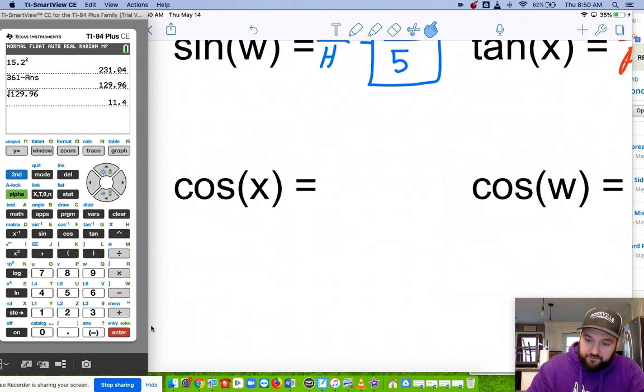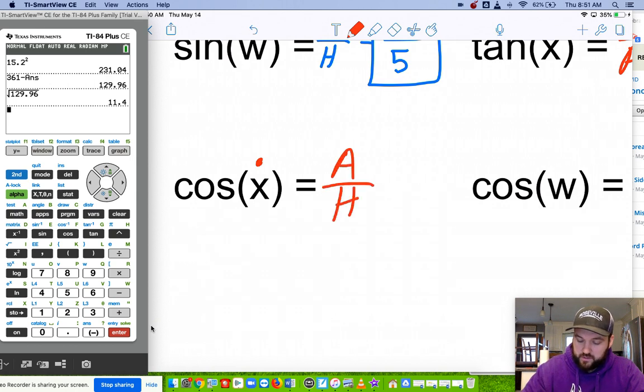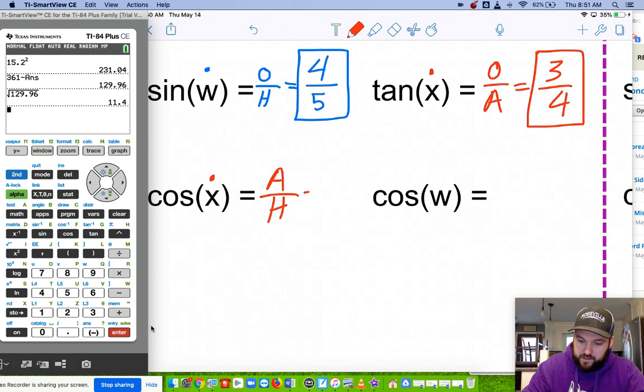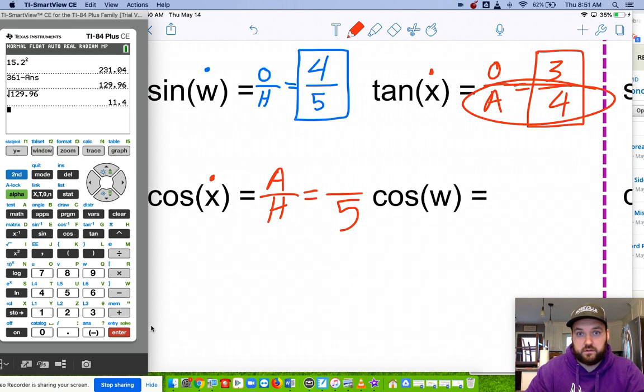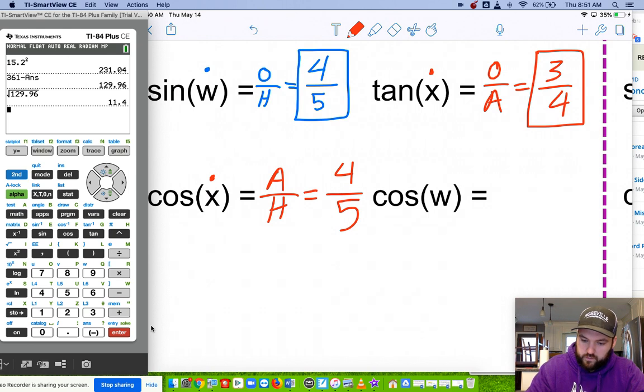Now, if I want to do the same thing, cosine of X, I'm still using angle X as my reference angle, but cosine is adjacent divided by hypotenuse. We know that the hypotenuse is 5 in this triangle, but we also just saw that the adjacent side in terms of X is 4. So I'm going to put 4 here. So the cosine of X is equal to 4/5.